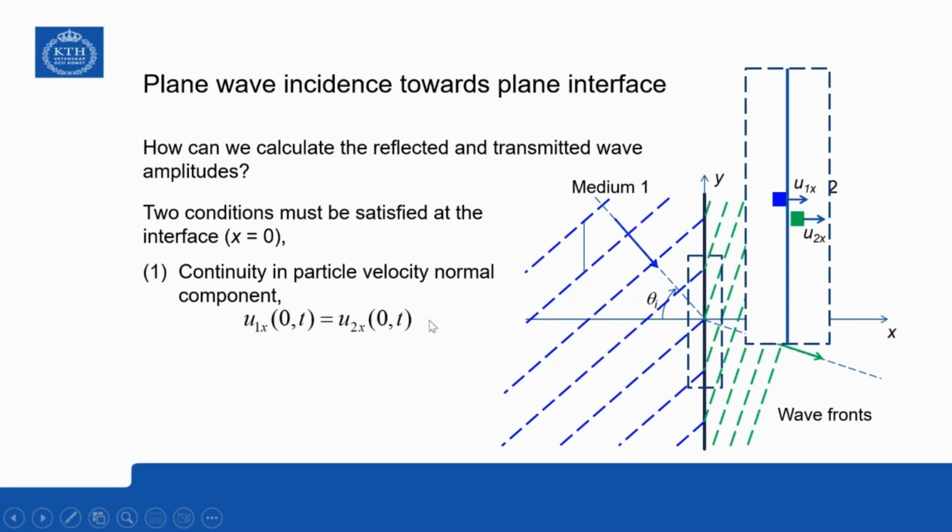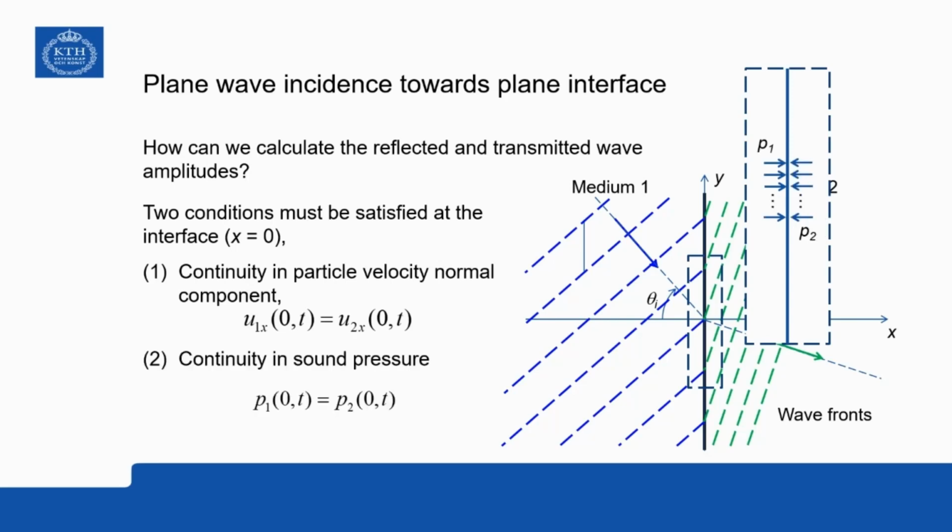If we focus now on the normal component of the particle velocity, we can state the condition that the particle velocity on the incidence side must be equal to the particle velocity on the transmission side. We should evaluate this very close to the YZ plane, mathematically speaking, when x is equal to 0 for both these cases. So that is continuity in the normal component of the particle velocity.